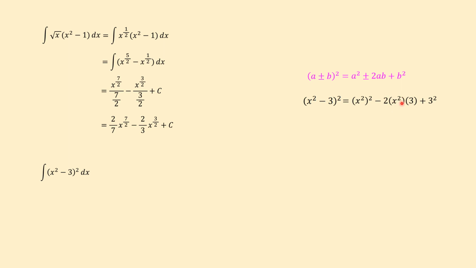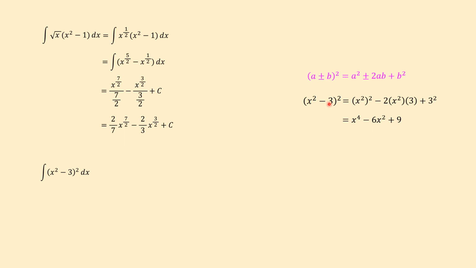Note that again x to the 2 is a, b is 3, plus b to the 2, or second term, 3 to the 2. If you simplify this expression, it equals x to the 4, power to the power, multiply them, minus 2 times 3 is 6, x to the 2, and finally 3 to the 2 is 9. So we can rewrite (x to the 2 minus 3) to the 2 as x to the 4 minus 6x to the 2 plus 9. And as you can see, now we can integrate each of these terms with the power rule and constant rule.